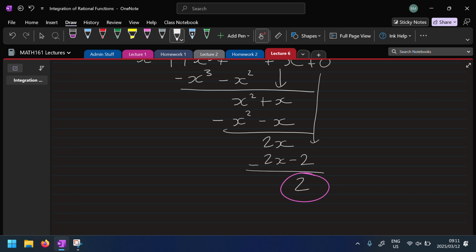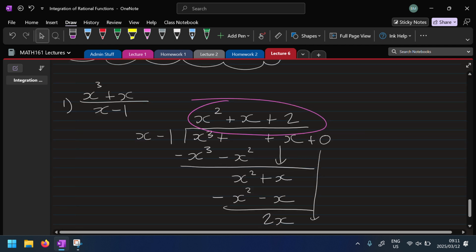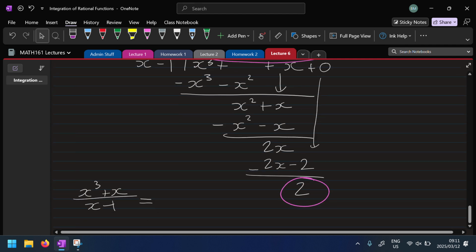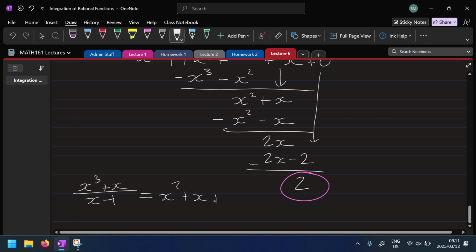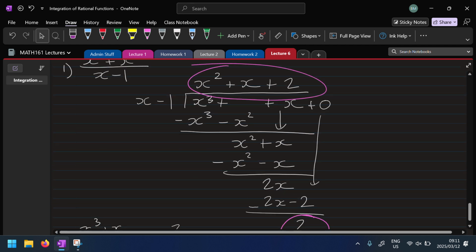So let's put it all together. So we have x cubed plus x over x minus 1 is going to be that whole number part again. That's all the stuff at the top there. So that's x squared plus x plus 2. And then we have remainder 2. And what did we want to do for that last step? We wanted 2 divided by x minus 1.